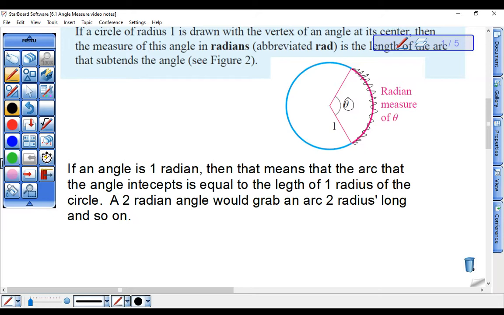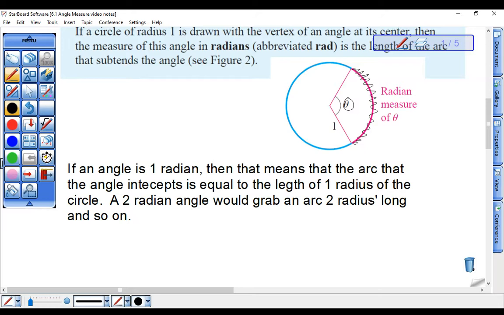So if I have a circle with radius 1, the arc that a 1 radian angle grabs is length 1.